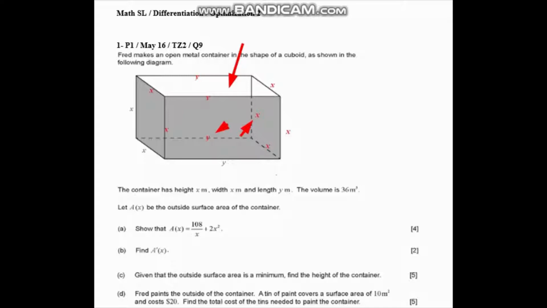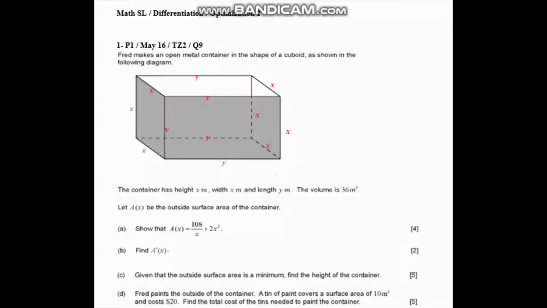Now, if I want to get the area of the side faces, the right face and the left face, I simply need to multiply x by x, because these are squares. Same thing for the other side. I shall multiply x by x. So the area of right and left faces is going to be x squared. The area of the front and back faces is going to be xy.